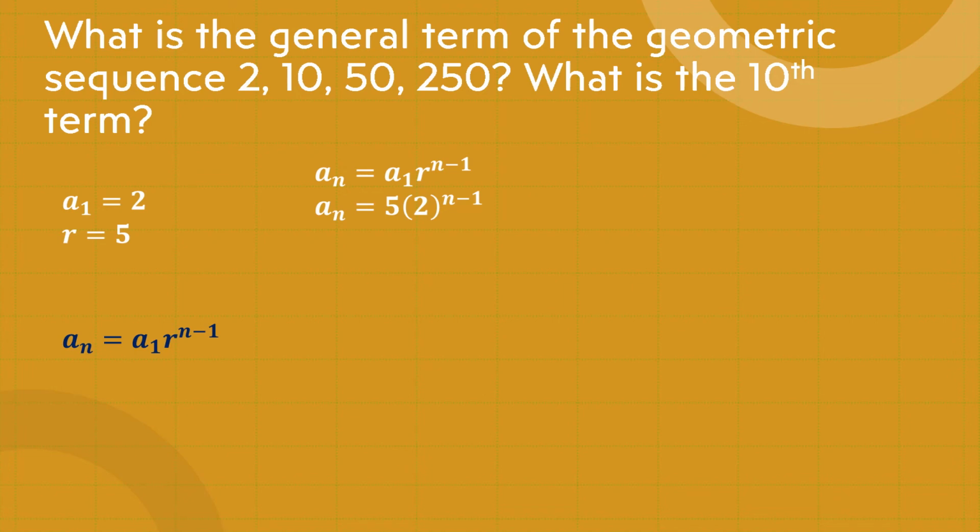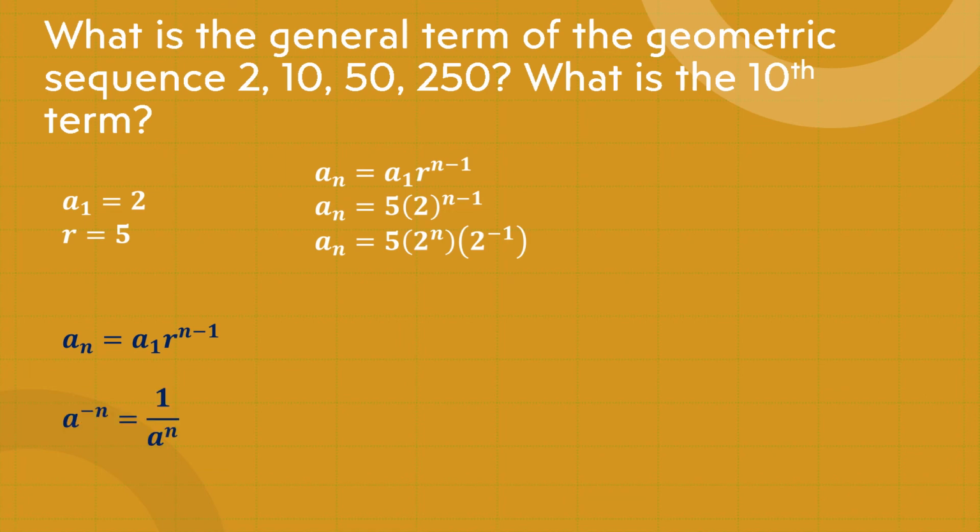Actually, this is already done. This is what we call the explicit formula because we just substitute the values. That's acceptable already. However, when you process that using your algebraic skills, by using the laws of exponents, you have 2 times 5 raised to n times 5 raised to negative 1.